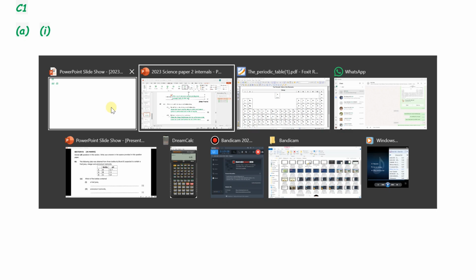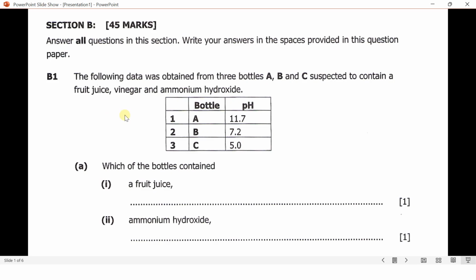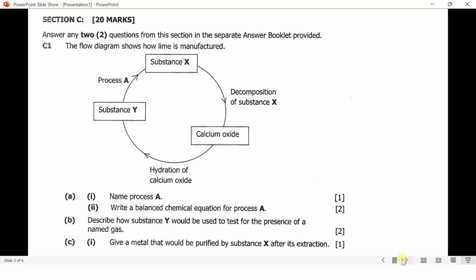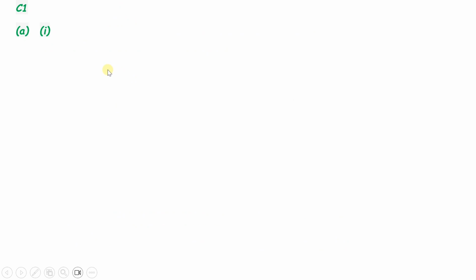Now, in answering this one, C part 1, we are trying to answer this part here. Name process A, which I told you will be precipitation.